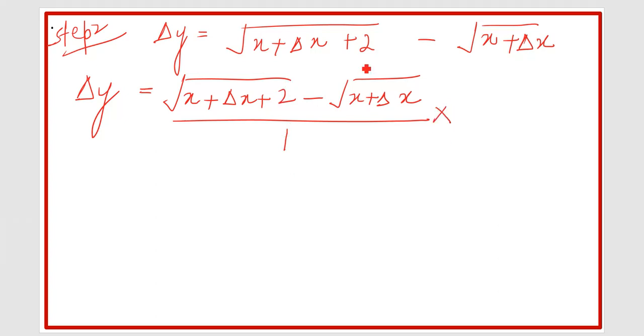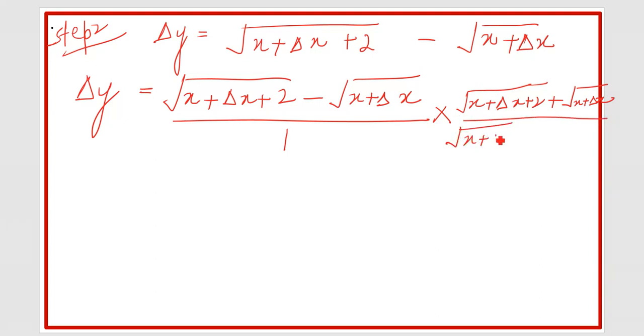Multiply by exactly the same terms which we have in the numerator. But the important point is that here we have a negative sign, so here we will use a positive sign, and exactly the same thing we will write down in the denominator, square root of x plus delta x plus 2 plus square root of x plus delta x.